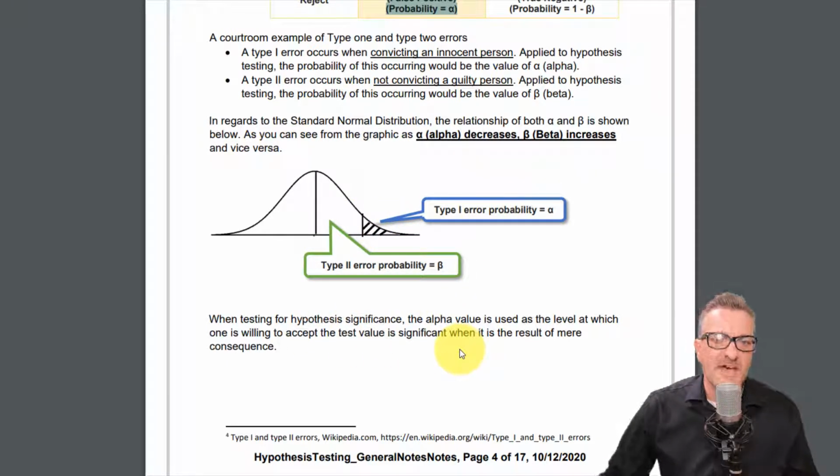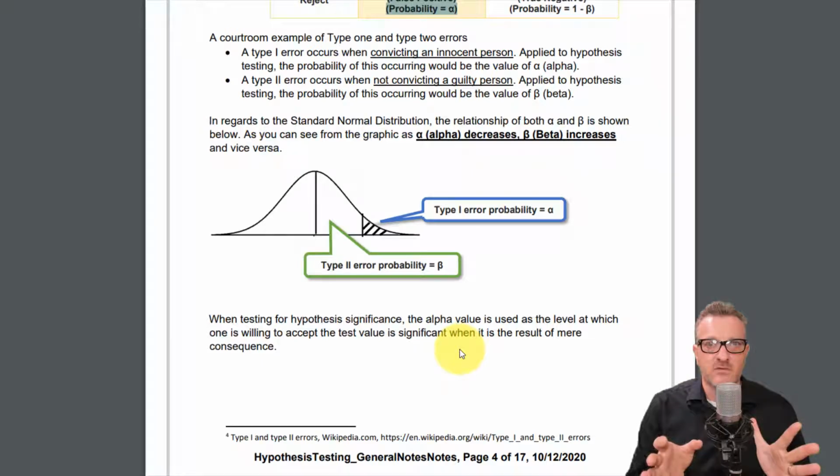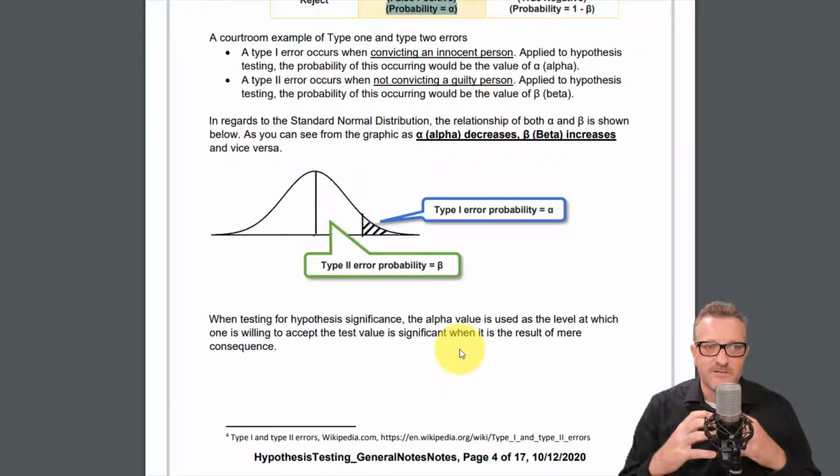And so what that means is we're willing to be wrong 1 in 20 times. We're willing to have a type 1 error 1 in 20 times, with the beta portion being 95% and the alpha being 5%. And that's the nuts and bolts on what we do with this.